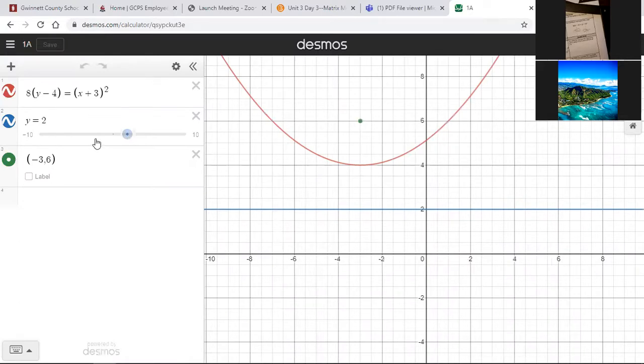And then I just want to see, does it fit the description? So this is indeed a parabola with a vertex at negative 3, 4. Here's the vertex right here at negative 3, 4.